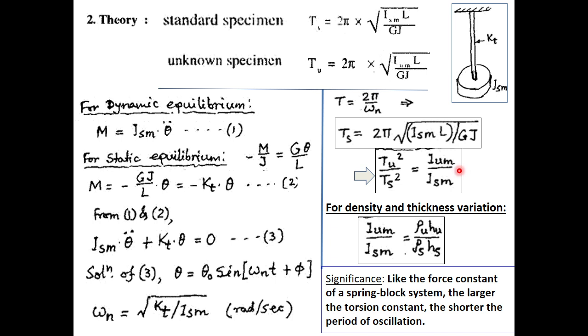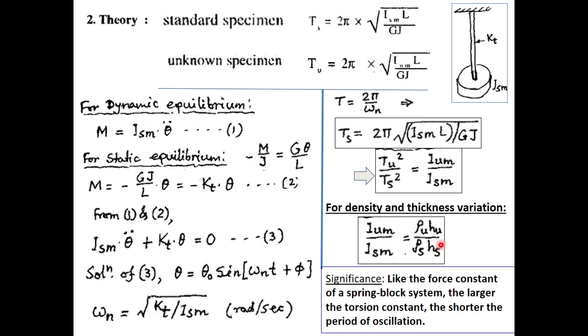Because again, the mass moment of inertia for the unknown and for the standard are proportional to their density and thickness. This H represents thickness, rho represents the density. This is clear.